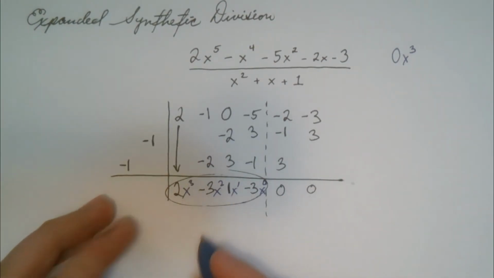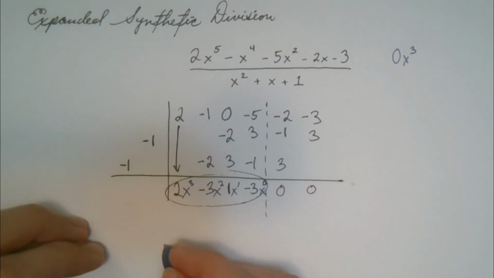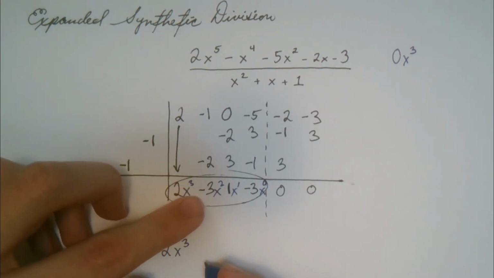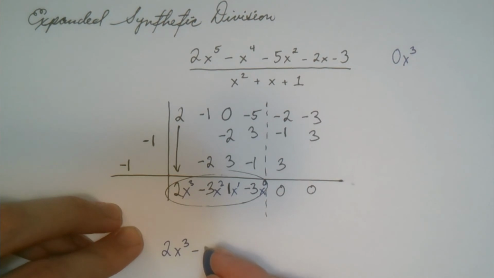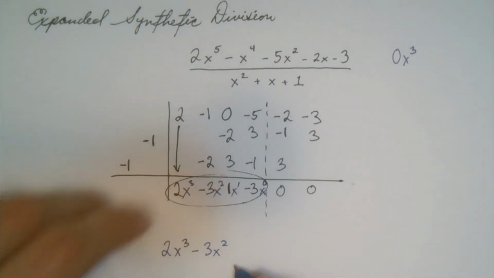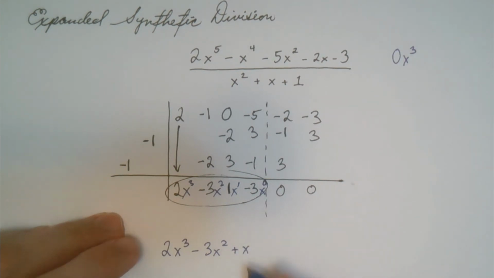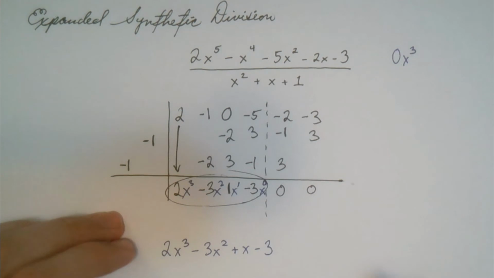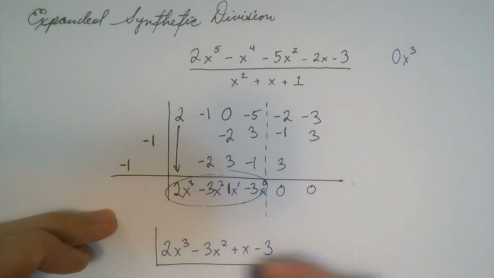And we're left with 2x cubed minus 3x squared, plus 1x to the first, which is just x, minus 3 times 1, which is 3. And that, in fact, is the answer.